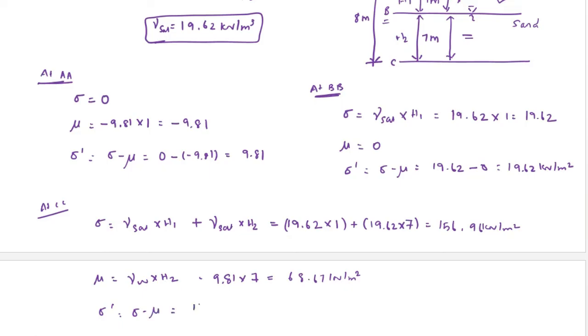So sigma is equal to 156.96 minus 68.67, the mu value. So totally we got the value of 88.29 kilonewton per meter square. So this is the sigma dash value, and the mu value, then the sigma value.